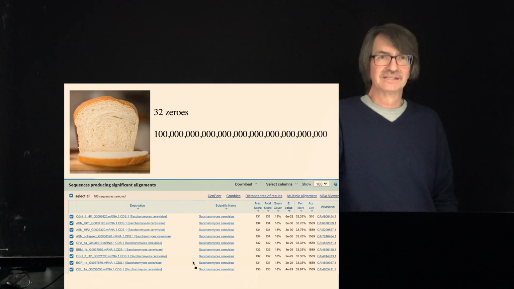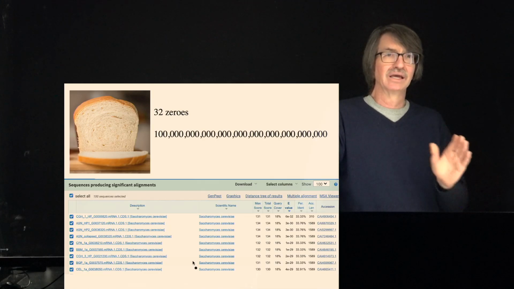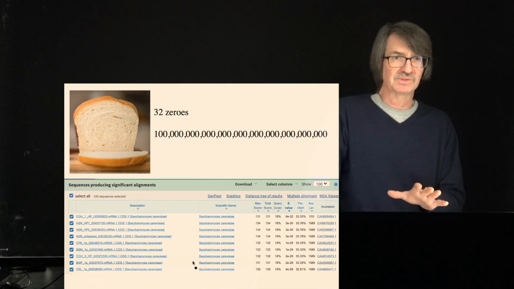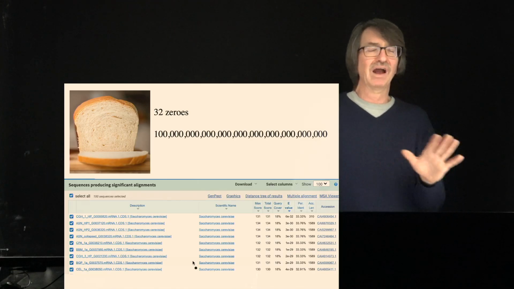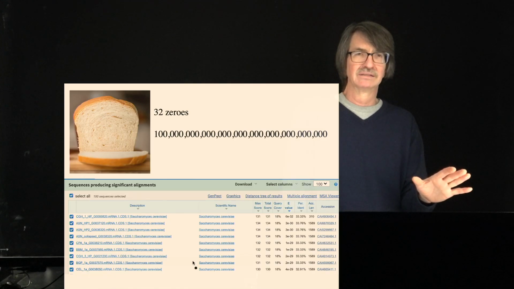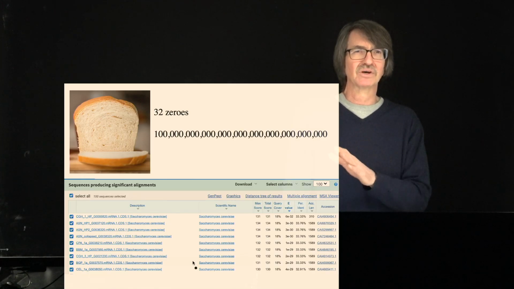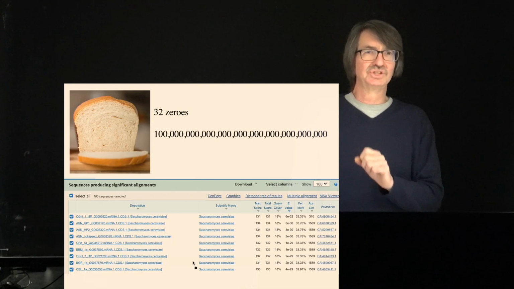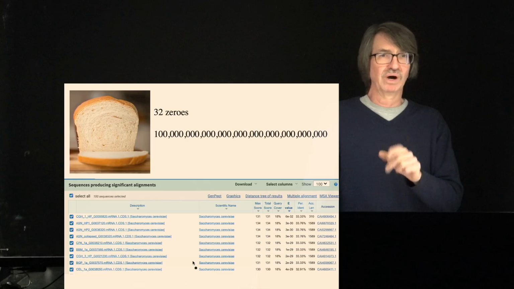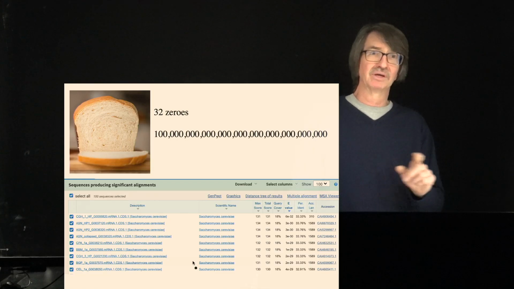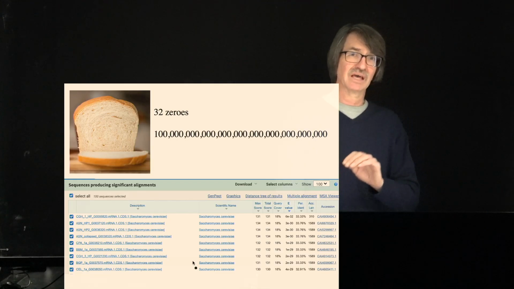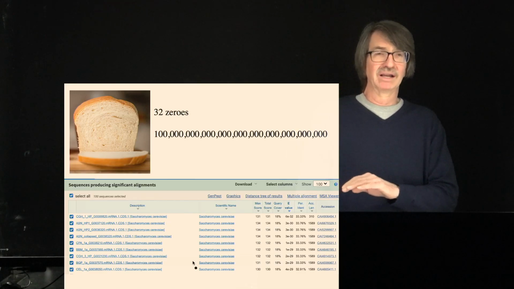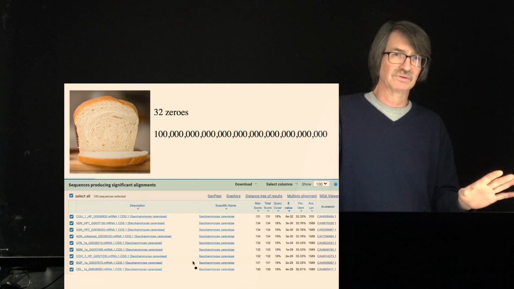The percent identity is actually down, it's only 30%. So these are very distantly related. But there's still that similarity, and the chance of that happening is 1 out of, again, not a million, billion, trillion, not 6, 9, 12 zeros, but 1 out of 1 with 32 zeros.